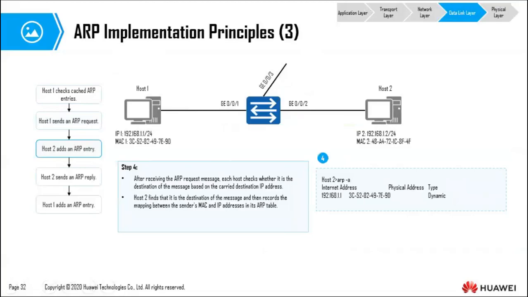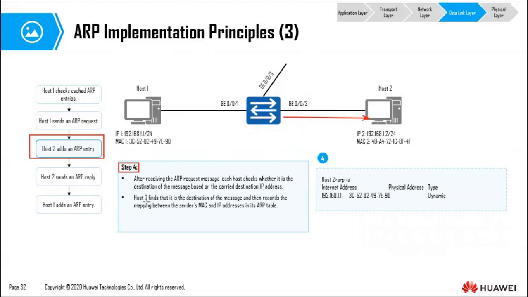Okay, so let's look at step number 3 actually here. Host 2. Now, what happens is this. Okay, it's step number 4. After host 2 receives the message, it will check whether it is the destination of the message based on the destination IP address. Does it match mine?